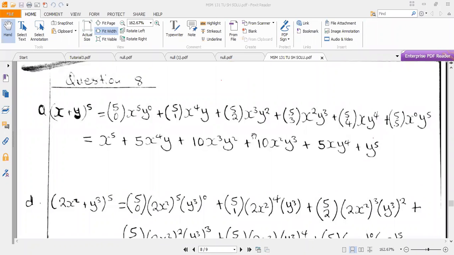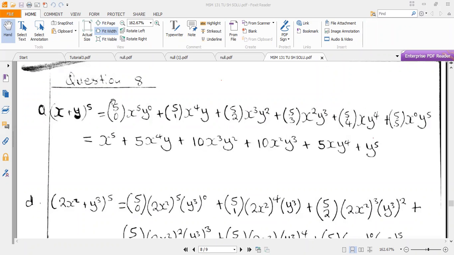The formula is n choose 0, x to the power n, y to the power 0, plus n choose 1, x to the power n minus 1, y to the power 1, plus n choose 2, x to the power n minus 2, y to the power 2, plus and so on. All right, so in this case, x plus y to the power 5. So the 5 is our n.